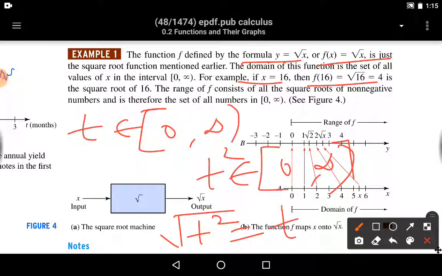That is, every t in the closed interval 0 to infinity has a pre-image. For every non-negative number, we can take the root of that number. So the closed interval 0 to infinity is both the domain and the range of f(x) equals root x.